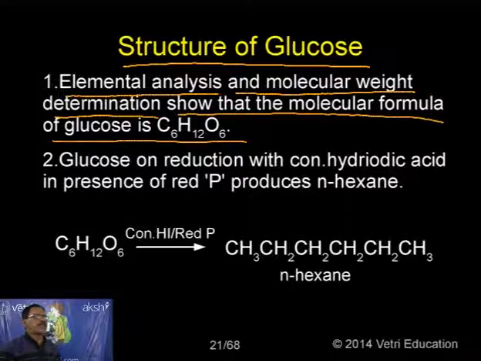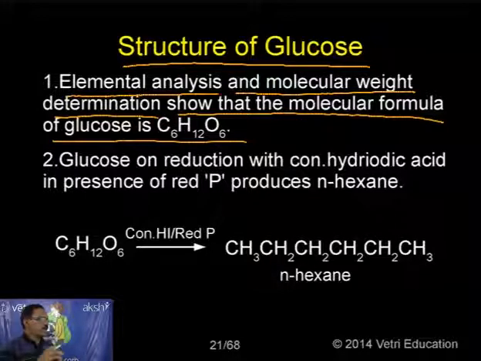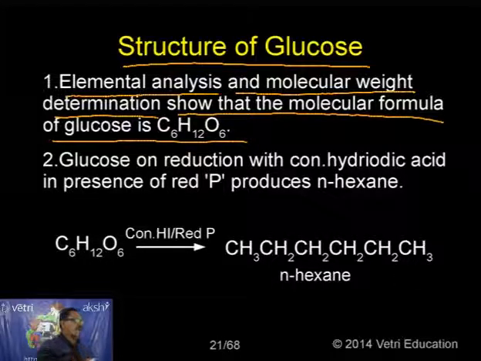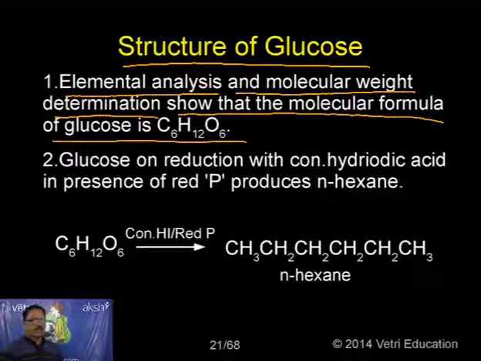Then we can identify the empirical formula, and from the molecular weight, we can determine the molecular formula as C6H12O6. Let me repeat again: elemental analysis and molecular weight determination show that the molecular formula of glucose is C6H12O6.